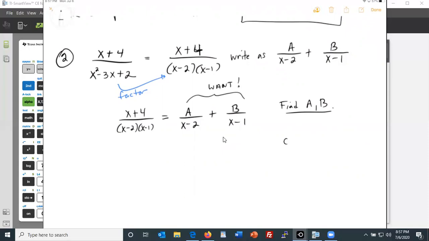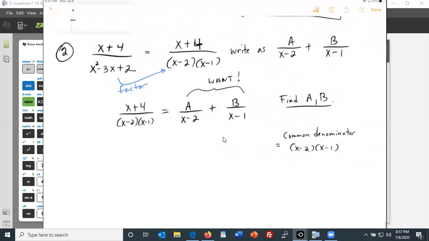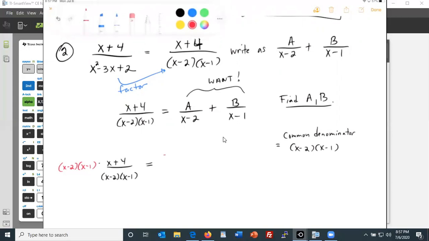All right, so our common denominator is just found by multiplying your denominators, x minus 2 and x minus 1. So this is where now you have to multiply both sides by your common denominator. x minus 2 times x minus 1 times the left side, x plus 4 over x minus 2 and x minus 1 equals, take the common denominator to the right side.